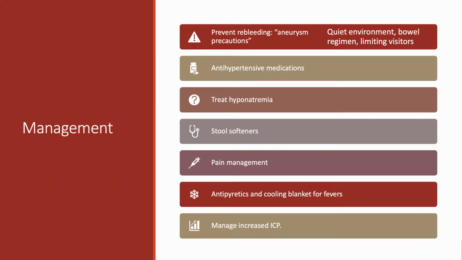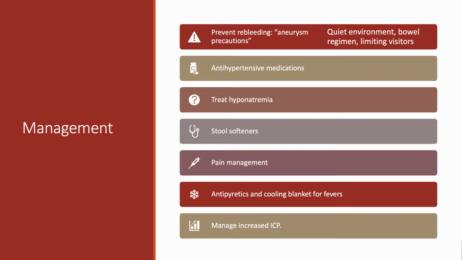So the management required for treating these lesions is usually aimed at preventing rebleeding. And so we have aneurysm precautions that we practice. And that's importantly a bowel regimen, keeping the patient in a quiet environment, limiting visitors, etc. We use antihypertensive medicines.